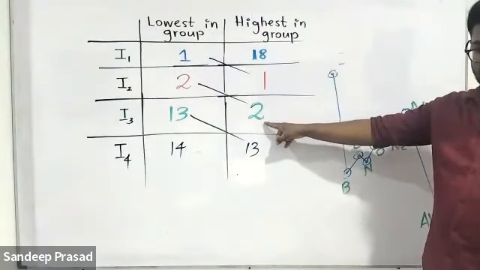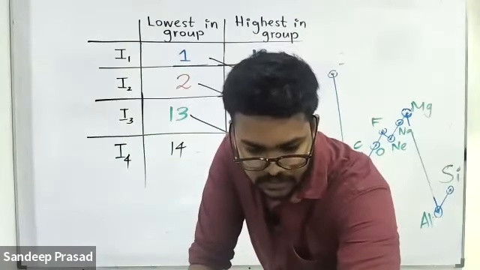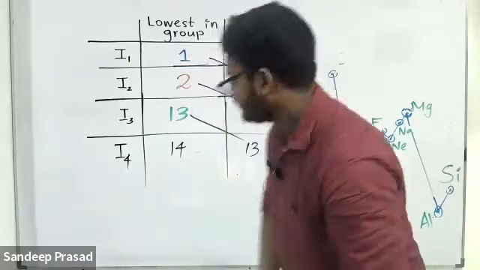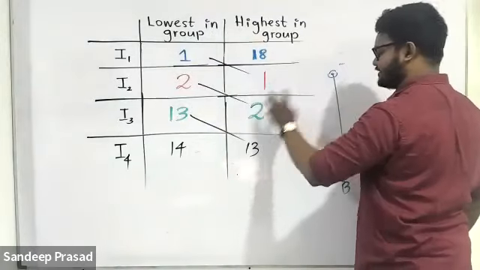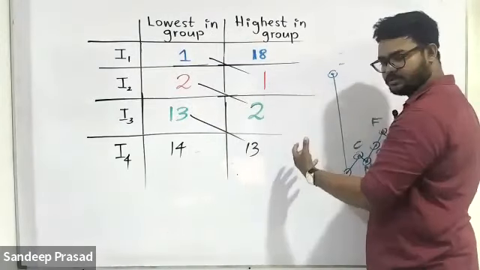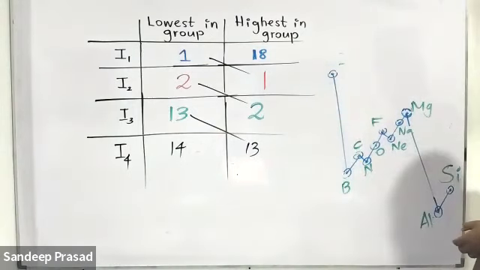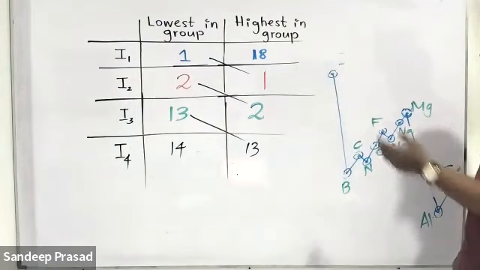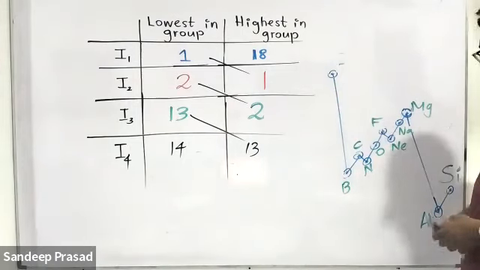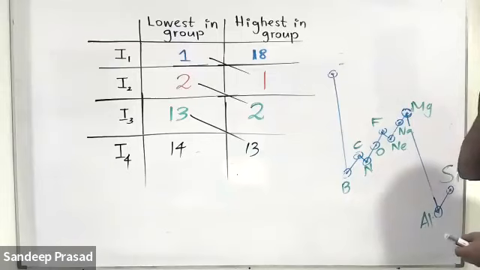Yeah, Senura. Third ionization energy means you are going to remove three electrons, right? I'm not talking about only magnesium.